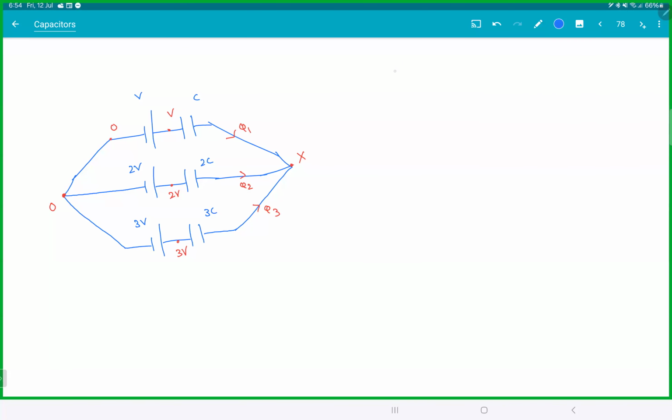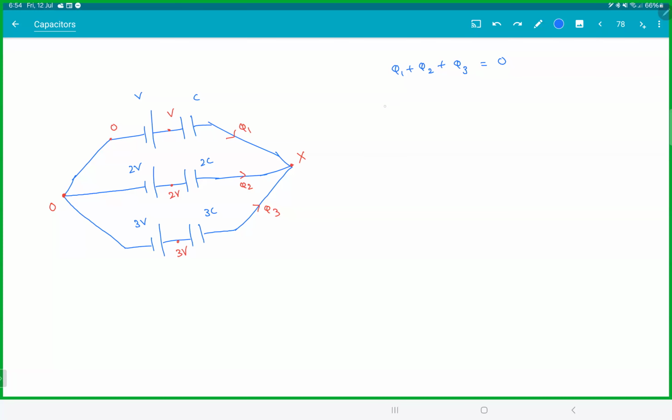Preferably always take going through the same thing. So it will be easy, no confusion in sign convention. Even if you take final minus initial, initial minus final, there won't be a sign problem. But if you take this is like this, this is like this, there's a chance you'll goof up a sign. I preferably take either all towards X or all away from X. That will make your life easy.